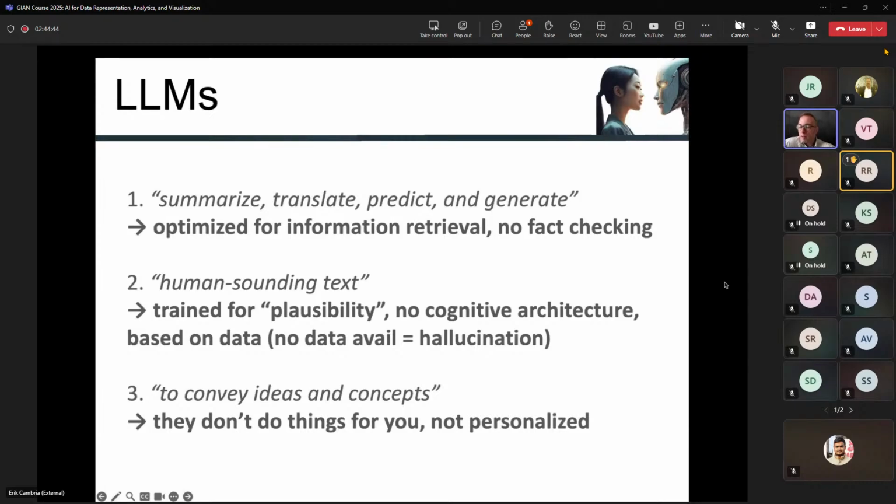So the one thing that many businesses started doing is to put large language models everywhere. Now, even when I want to do something for my bank account, I'm chatting with the chatbot, and the large language model is trained for plausibility, to give you a plausible answer.